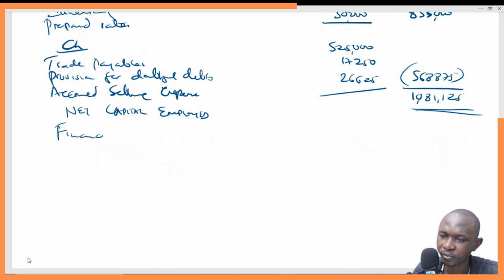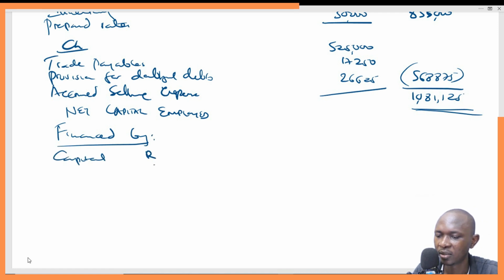Financed by, this is going to be quite straightforward because you already have everything. You have R, Chilungu, and Donde. That is capital account. Then we also have their current accounts.